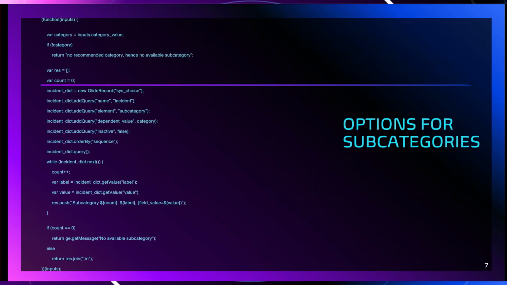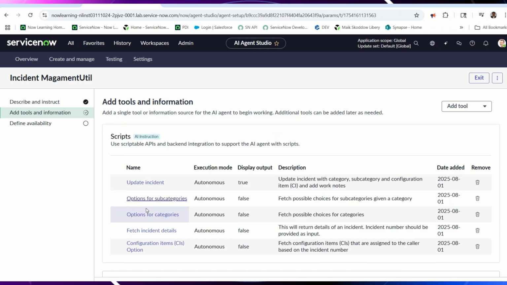Okay, so this is part one of how we build it. For part two, the configuration items and update instance are pretty advanced scripts, so I will put them into the part two demo.